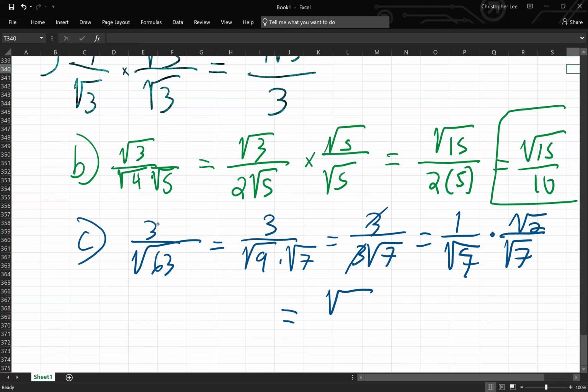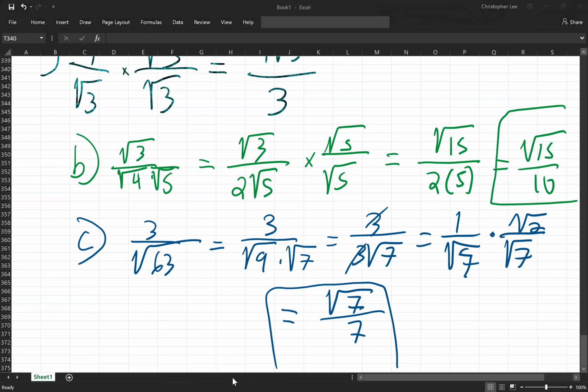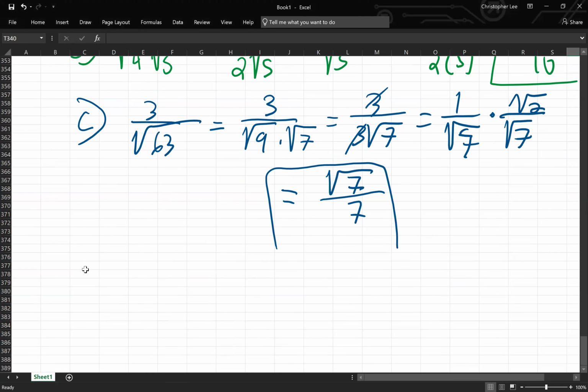Final answer, square root 7 over 7. Any questions, anybody? You guys try.